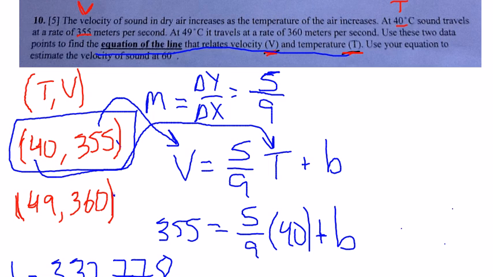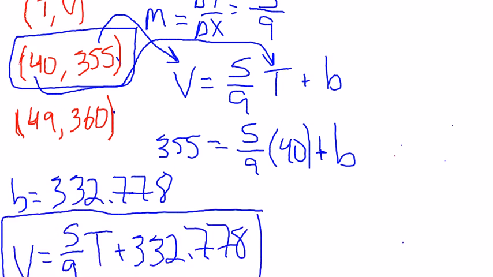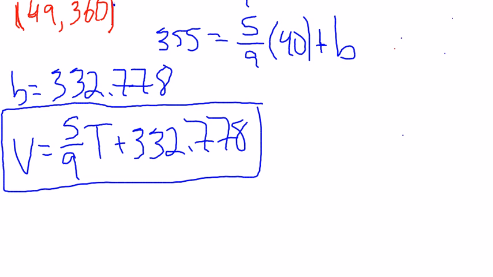Now it says, use your equation to find the velocity of sound at 60. So 60 is my temperature. So really, I'm finding V when T equals 60.